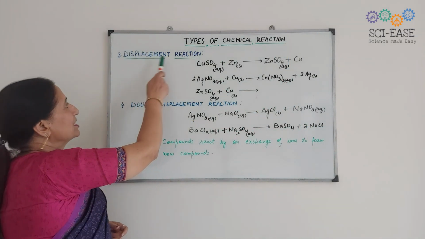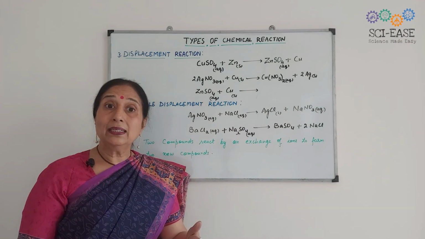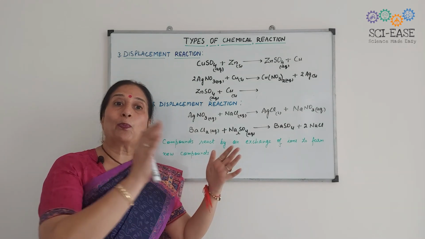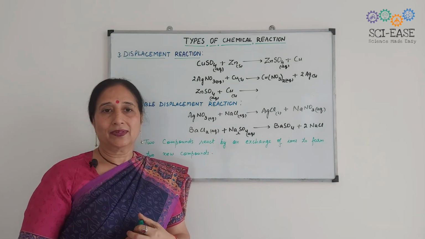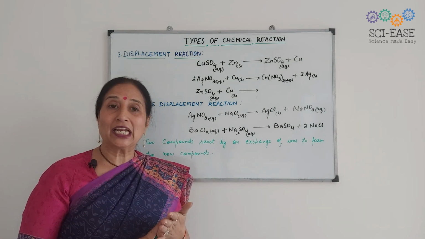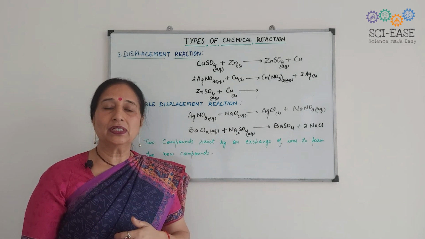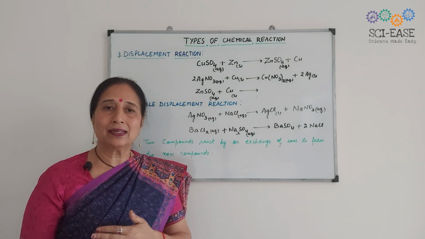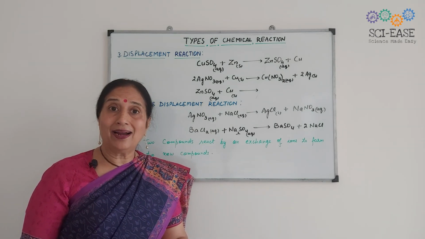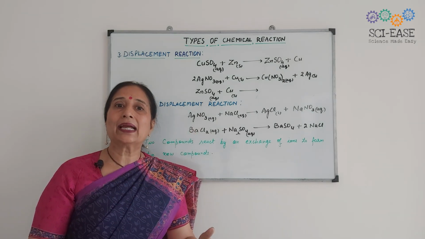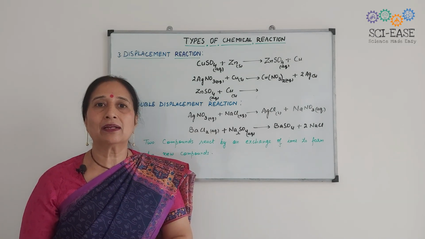The next reaction is the displacement reaction. Here, one element will displace the other in the reaction. But one thing should be clear to you. There is an activity series that you will study in metals and non-metals. According to that, only the more reactive element can displace the less reactive one.